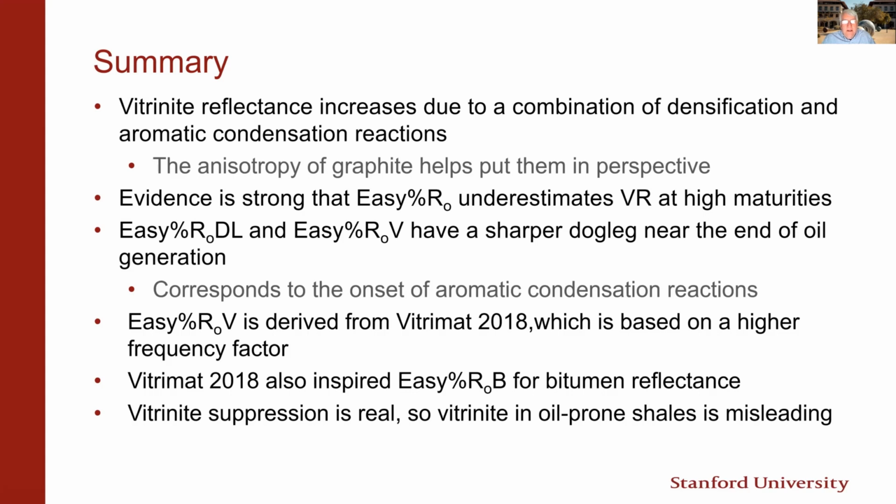And the anisotropy of graphite helps put the densification and aromatic condensation reactions in proper perspective. They're both important. Densification more in the early stages, aromatic condensation in the higher maturity range.